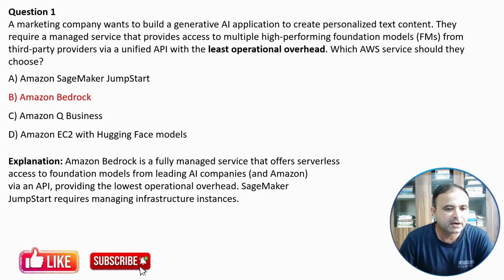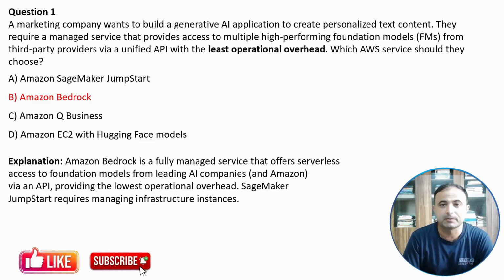So now, a marketing company wants to build a generative AI application to create personalized text content. They require a managed service that provides access to multiple high-performing foundation models from third-party providers via a unified API with the least operational overhead. Least operational overhead. So what AWS service should they choose?